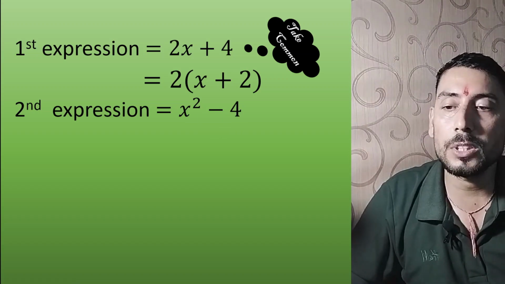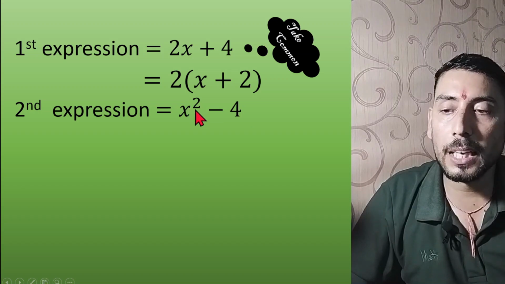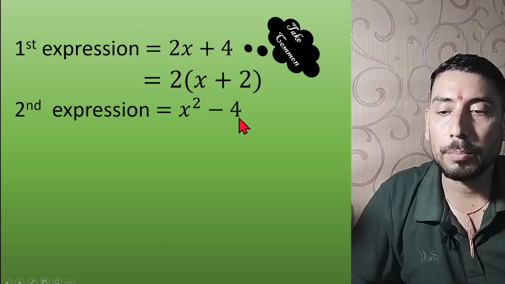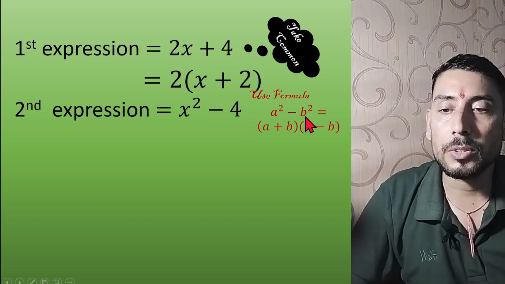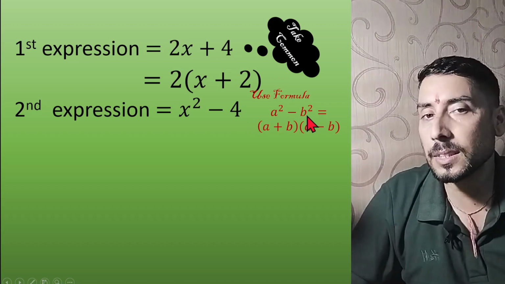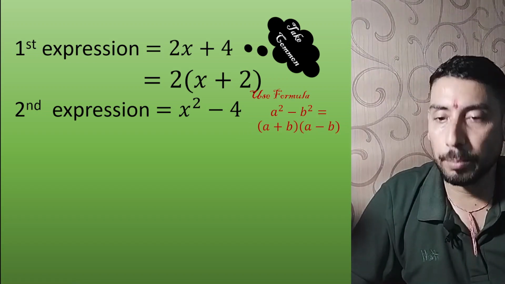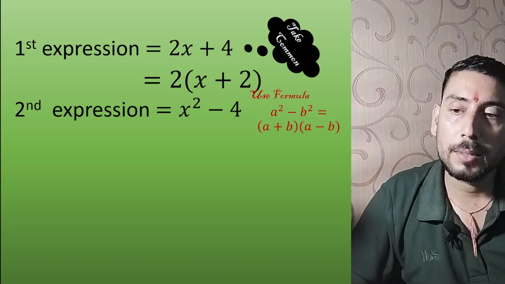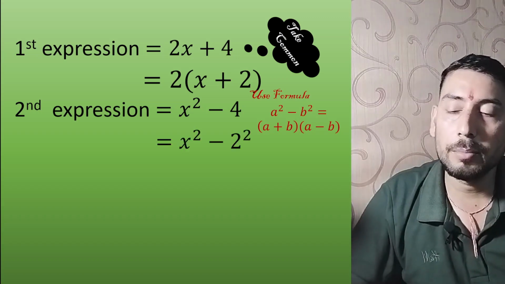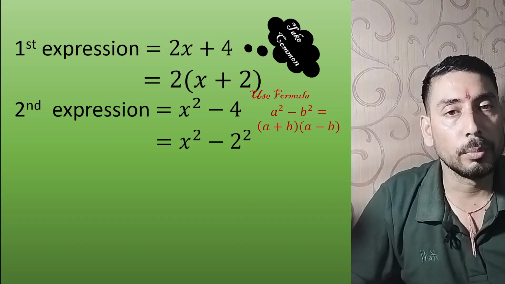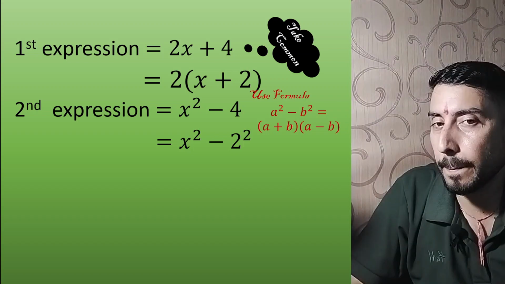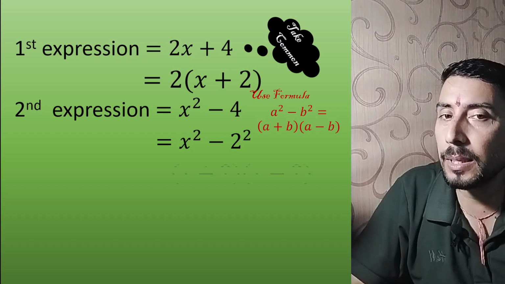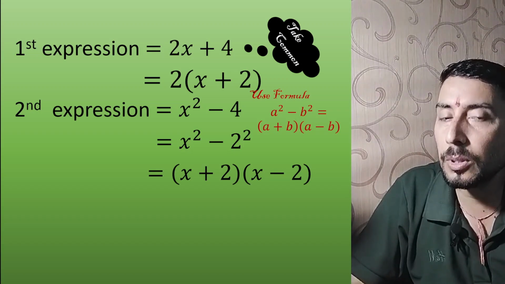That means 4 is 2 square. So it looks like a square minus b square, which means a plus b, a minus b. So let's break it in that form. X square minus 2 square ultimately becomes x plus 2, x minus 2.